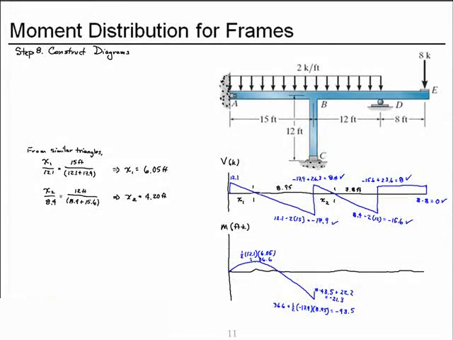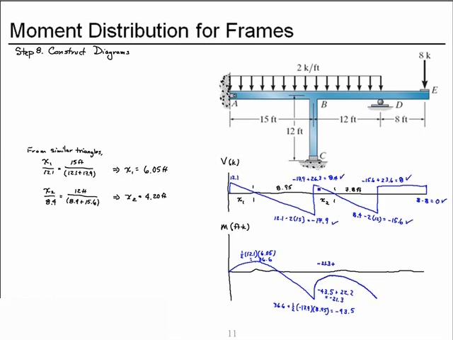From here, the moment diagram becomes quadratic again, with increasing slope to this point and then decreasing slope. And if we take a look, the value at this point is the minus 21.3.